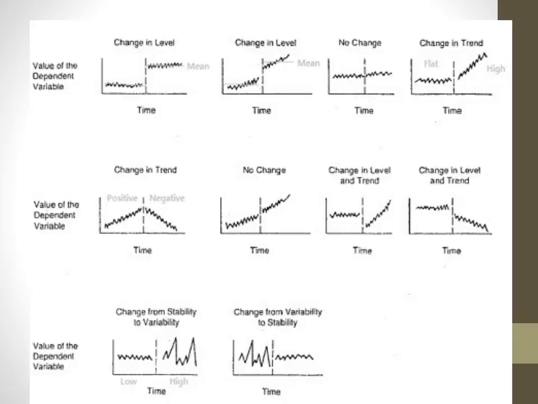So here are several example graphs. You are going to use the terms level, trend, and variability to interpret a graph. For example, let's take a look at the very first graph. There is obvious change in level.